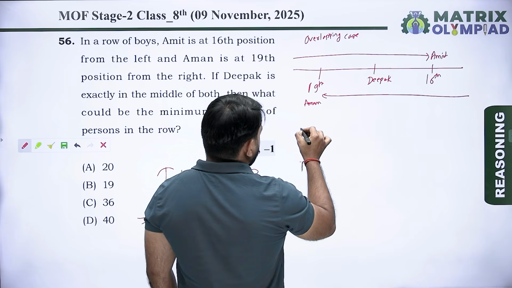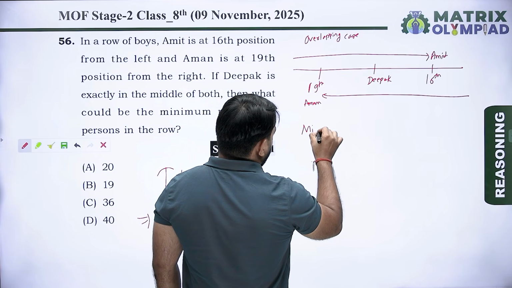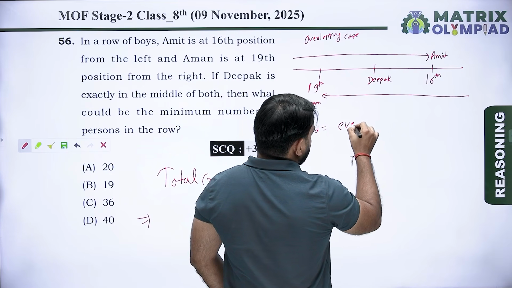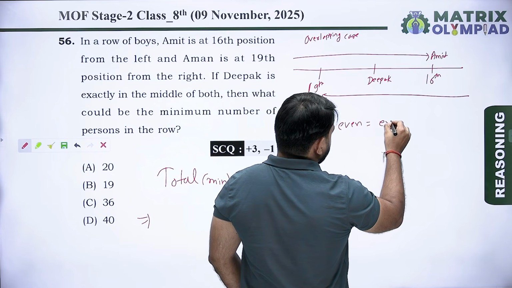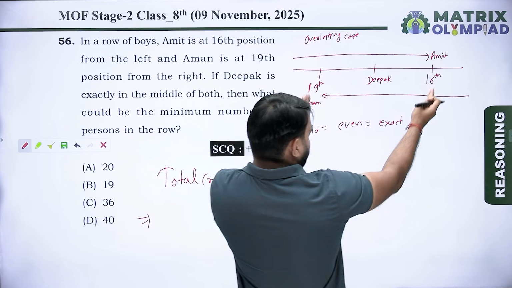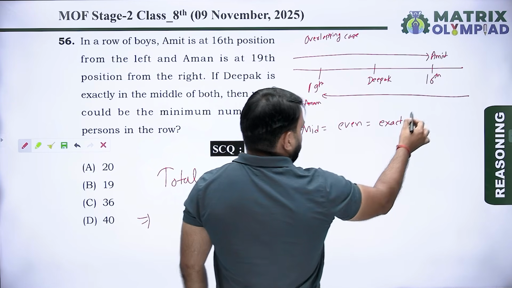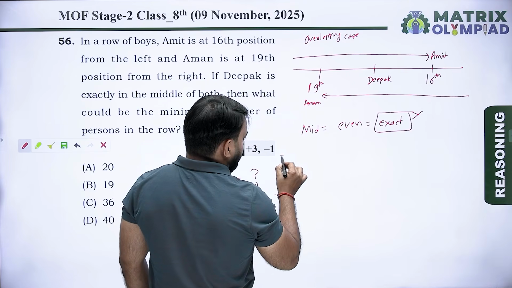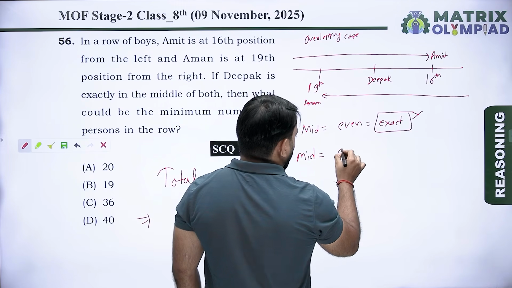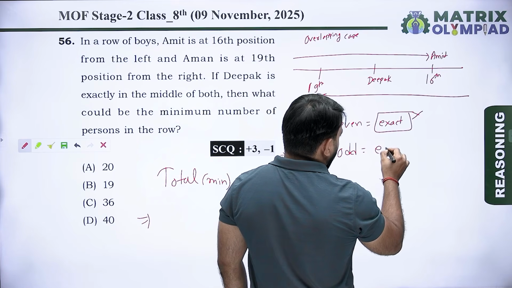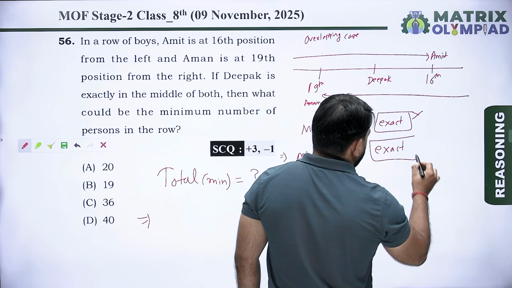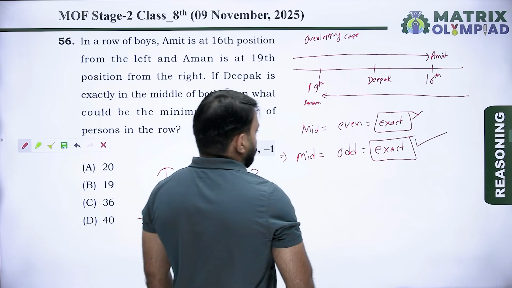In this question, if the number of mid people is even, then the exact mid position between the two objects cannot be found. And if the number of mid people is odd, then the exact mid position between the two objects can be found.